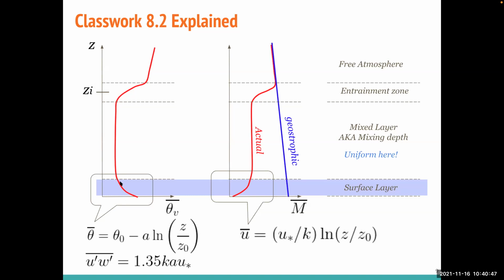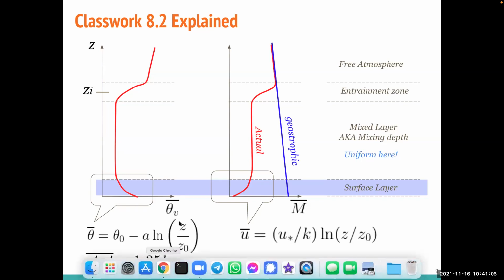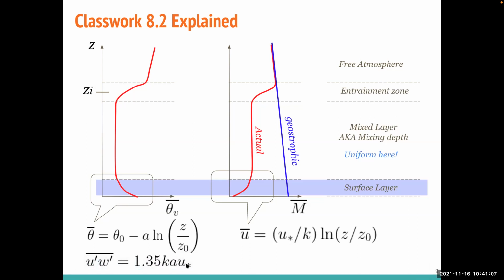This is depending on the height. We have a height here. So after you have done the differentiation, you found that, of course, C is gone. Okay, it doesn't depend on height, it's a constant. It's kind of a constant, right? If A is a constant, and U asterisk is constant for the surface layer.